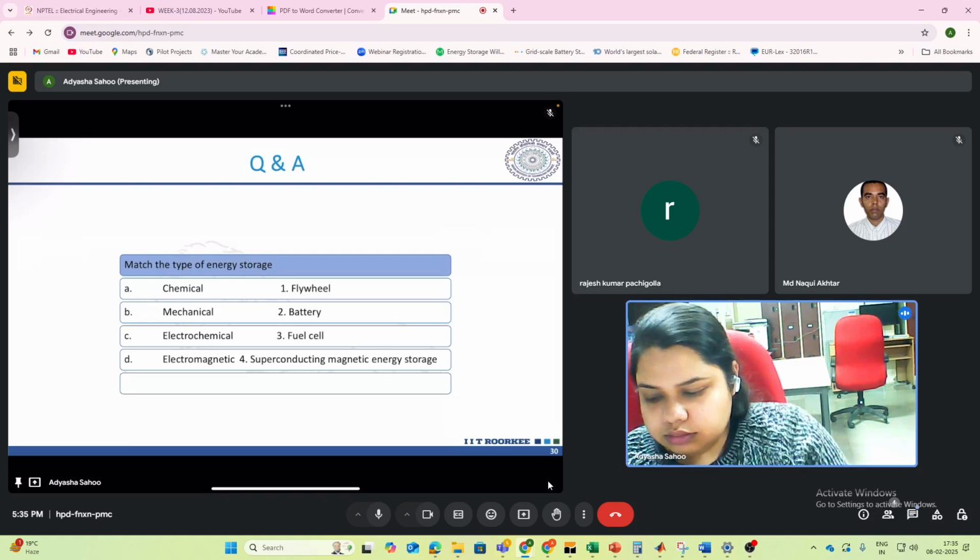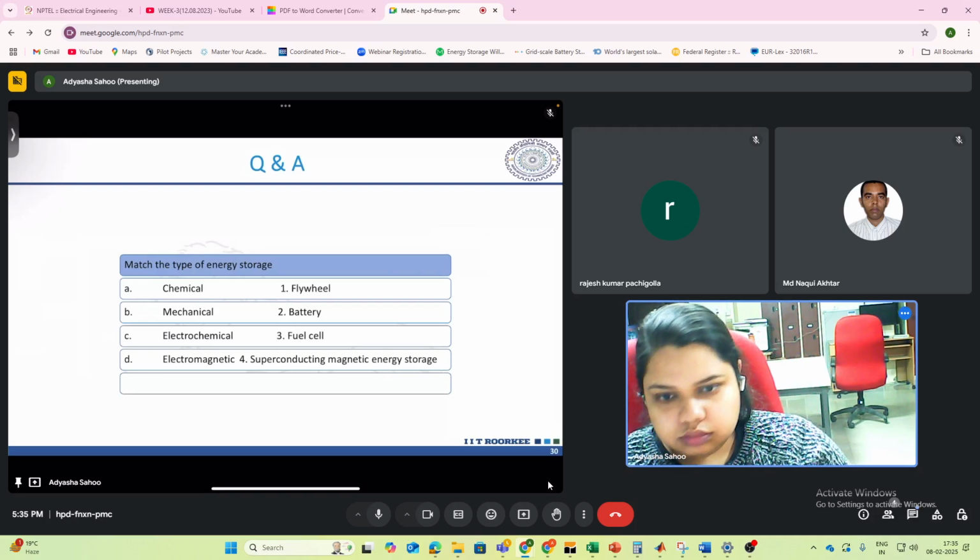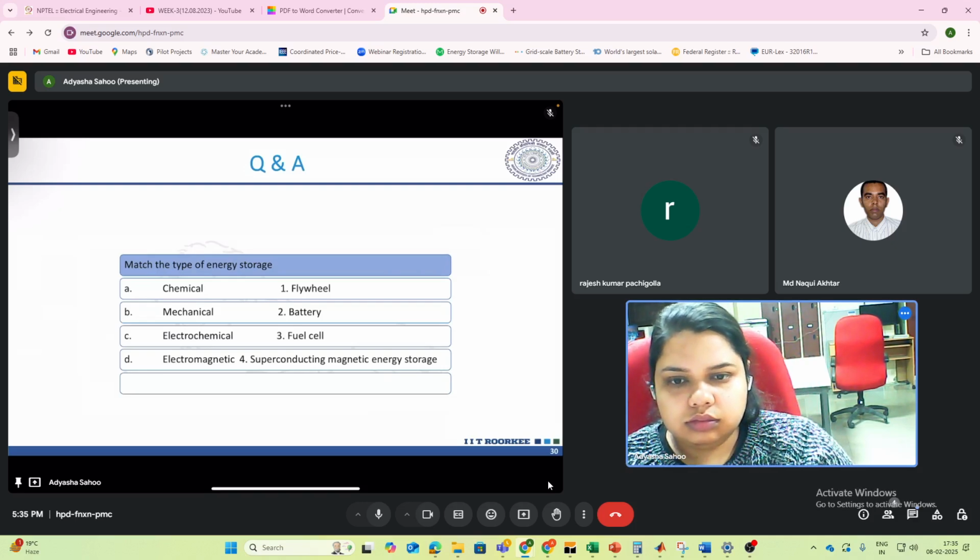Then match the type of energy storage. First is chemical. So which of this one, two, three, four is chemical type of energy storage?